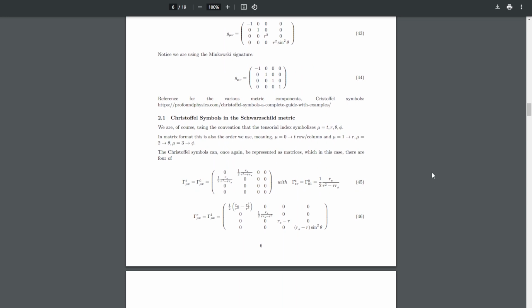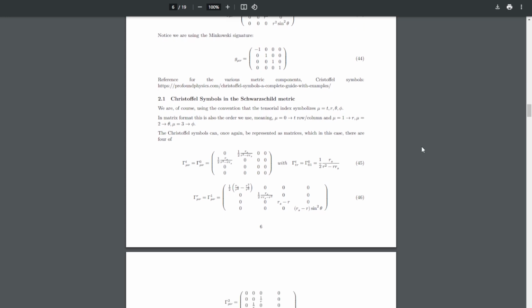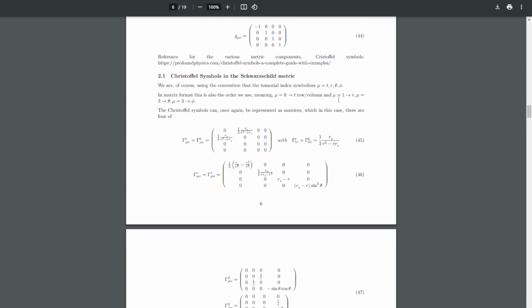All right, so we will start with the convention that our indices are Greek letters, and of course mu will be t, r, theta, and phi, which are the coordinates of the Schwarzschild metric. Sometimes the Greek letters can stand for letters like t, r, theta, and phi, or numbers as 0, 1, 2, 3.